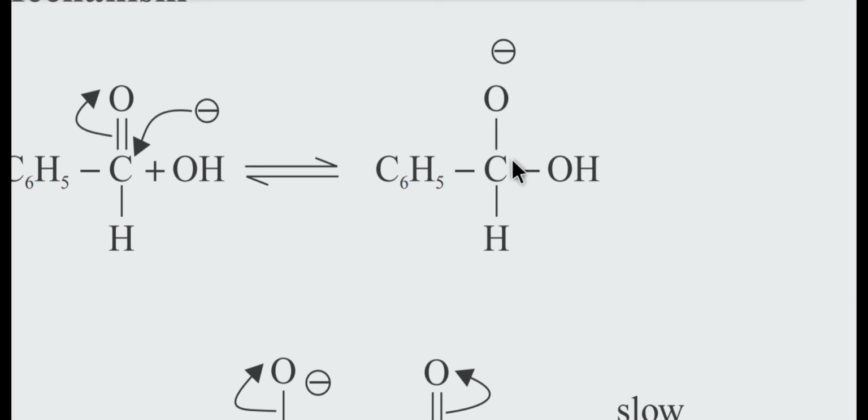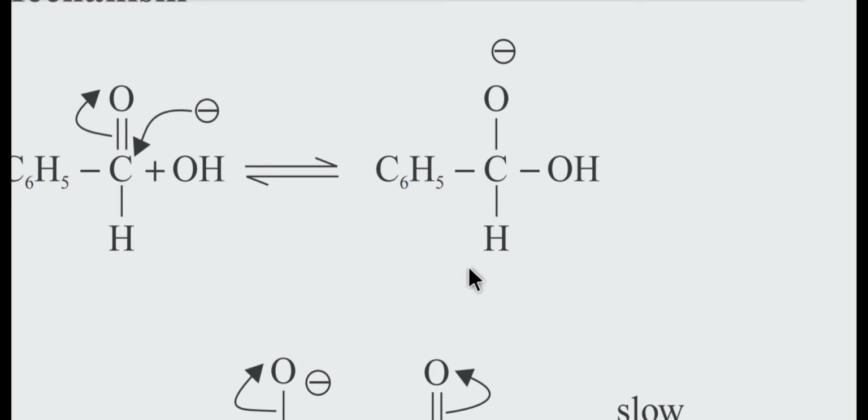When the double bond is produced, the carbon's covalency is already complete, so one bond should break. This hydrogen will be lost from this compound as a hydride, meaning hydrogen is lost as H negative. This lone pair will shift here and produce a double bond, but this bond will break.